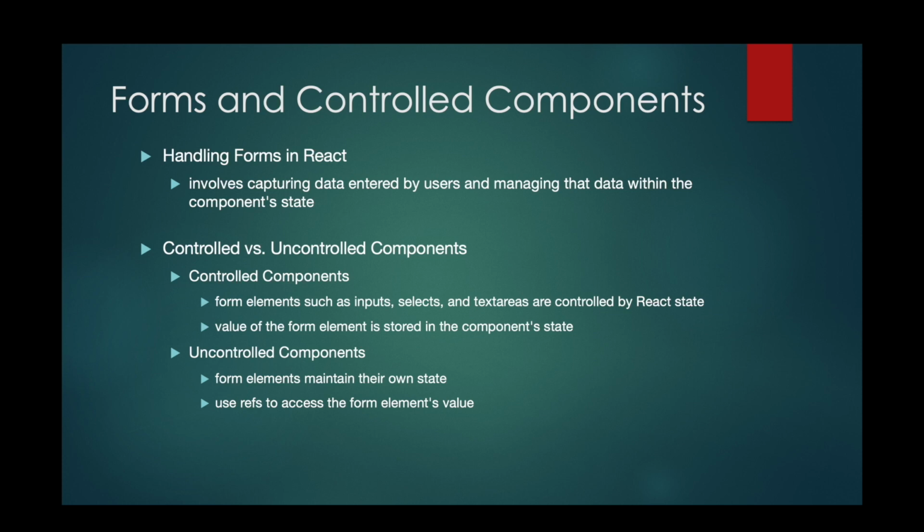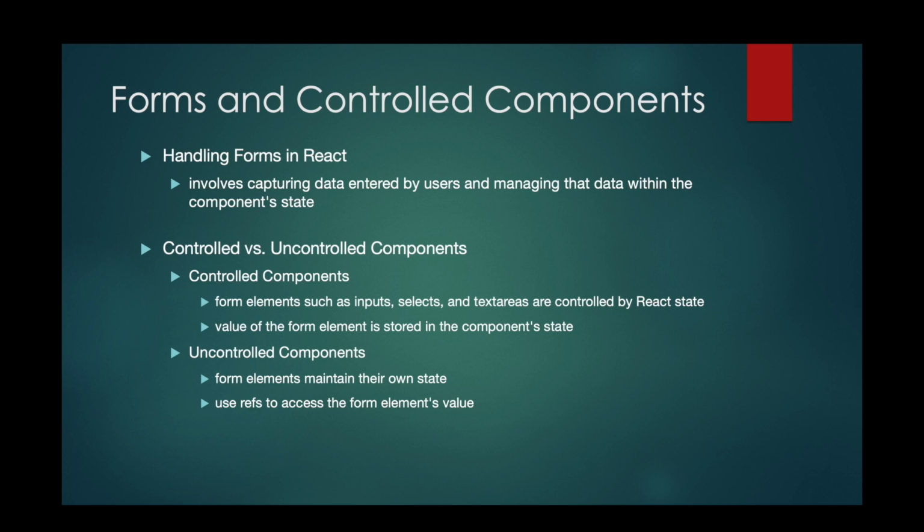Controlled versus uncontrolled components. Controlled components. In controlled components, form elements such as inputs, selects, and text areas are controlled by React state. The value of the form element is stored in the component state and React handles the updates to the value. Uncontrolled components.